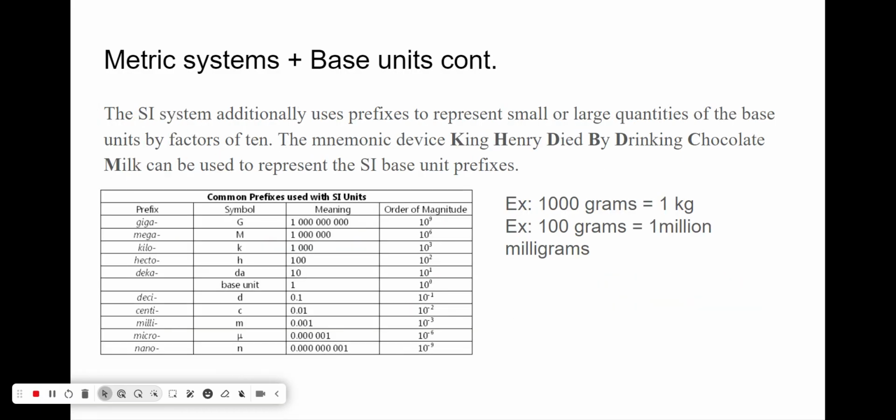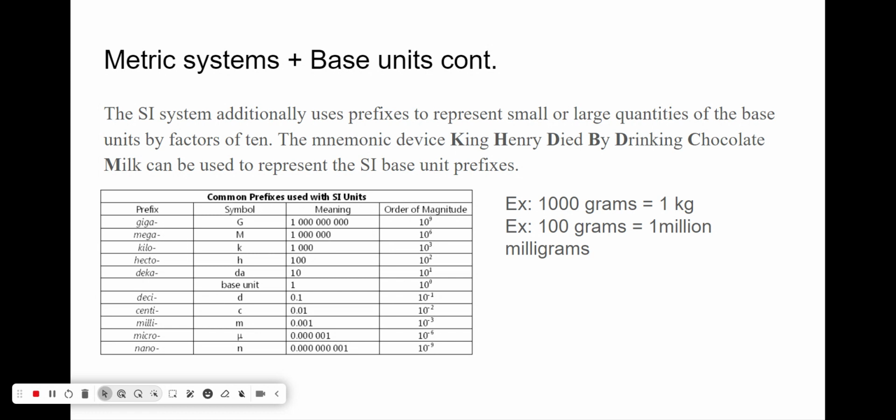Alright, so the SI system additionally uses prefixes to represent small or large quantities of the base units that change by factors of 10 in order. The mnemonic device that most people use for this is King Henry died by drinking chocolate milk. The first letter of each word is the first letter of each prefix in order from the biggest unit to the smallest one.